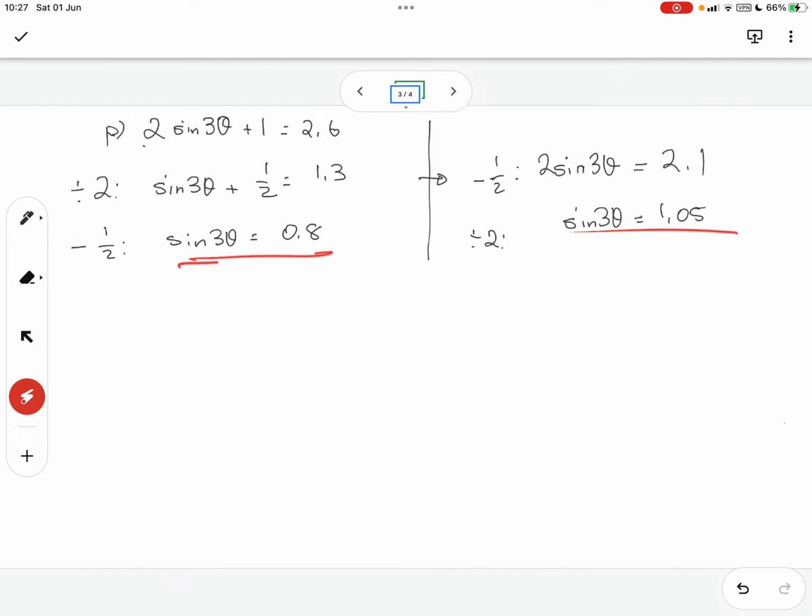So because there's a discrepancy, there's something wrong that I did in either step. So we're going to investigate. So if we start here by dividing by 2, what's 2.6 divided by 2? It's 1.3. And if I subtract a half, 0.8.